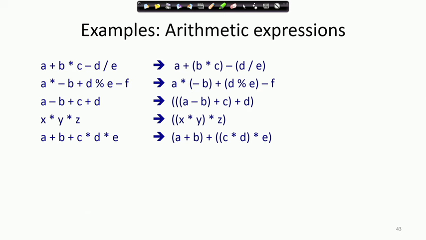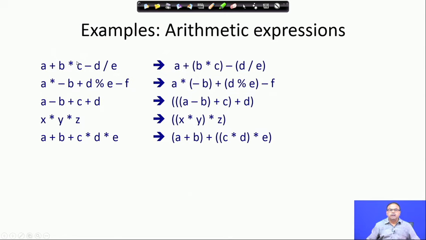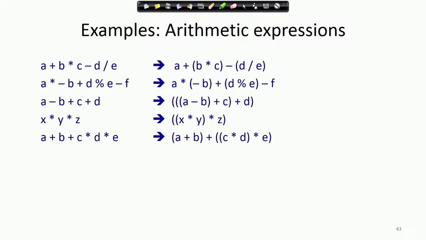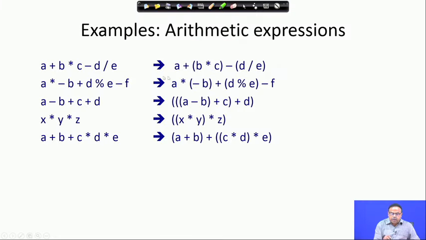Somebody could have done a plus b and the whole thing multiplied by c, etc. Even at school level, in order to avoid such confusions, we use parenthesis, and this is equivalent to this scenario, that b and c are parenthesized and d divided by e are parenthesized. So, first this will be done, then this will be done.